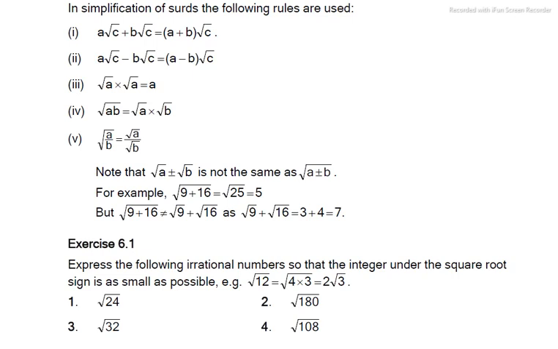So if we have a fraction under the root, then we consider the root of the numerator separately and the denominator separately. That is to say, root of a over b becomes root a over root b. So we separate the roots. Those are our 5 laws we are going to be using while simplifying surds.